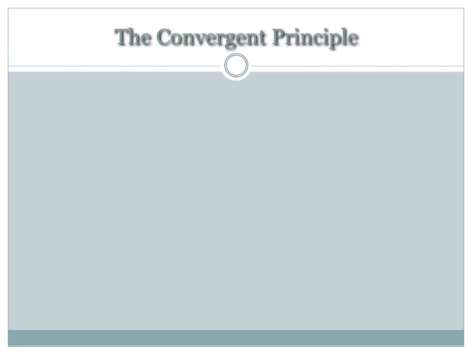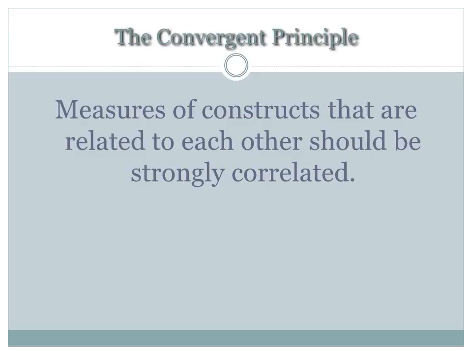And what convergence means is that constructs that are related are strongly correlated, right? Correlation ranges from -1 to +1. The closer you are to 1, the more perfect the synchronicity, the more perfect the relationship between the two items or constructs.